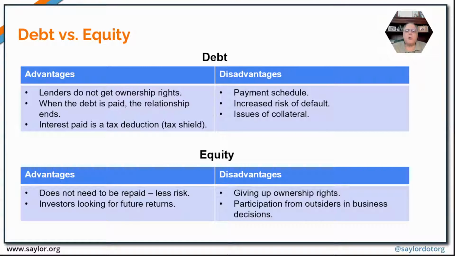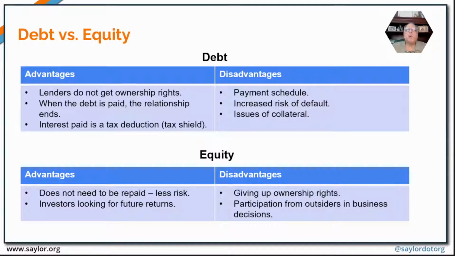Anybody who has purchased a home, if you've got a home mortgage, you know that while you're paying the bank your mortgage, which could be for 20 years or more, the bank owns the house. It's collateral for that loan to ensure that the loan is paid off. Well, in the world of business, there's collateral too. Depending on the size of the loan, a lender may request that we pledge our equipment or property or even inventory as collateral or assurance that the loan will be repaid.